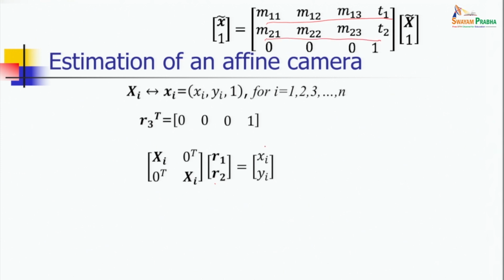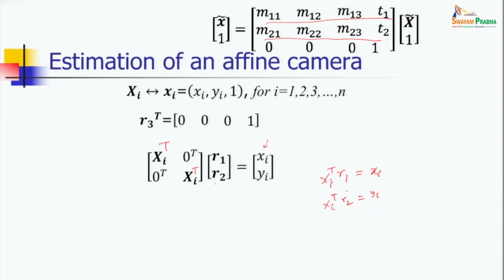Then the coordinate xi we can write as this equation: xi transpose R1 should be equal to xi, and xi transpose R2 should be equal to yi. This is something I had missed. These are the two equations directly coming from here itself.